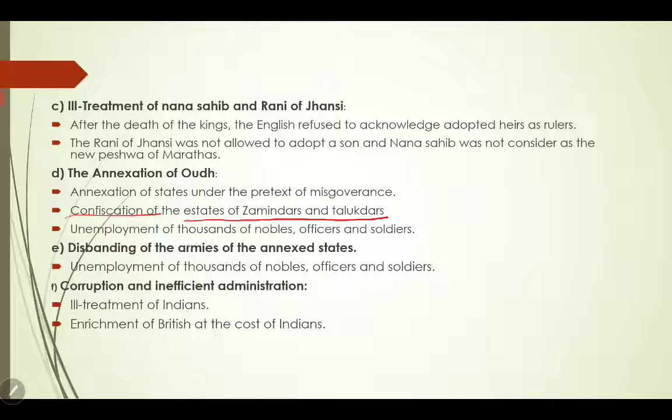These are the same zamindars and talukdars who supported the Britishers when they wanted to settle in India. Now, when the Britishers wanted to expand their colonies in India, they did not even bother about the zamindars and talukdars. So this created agitations among these landlords because their lands were confiscated.